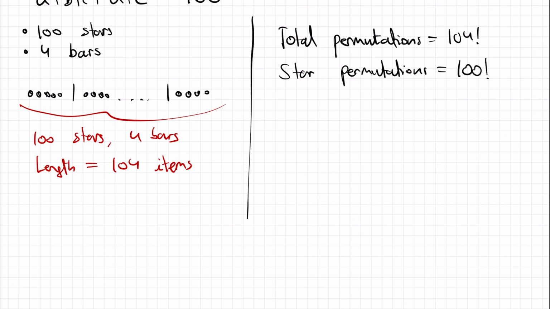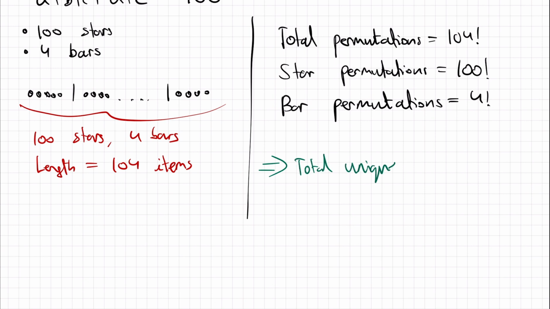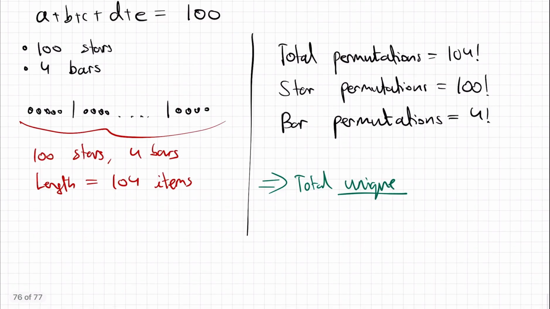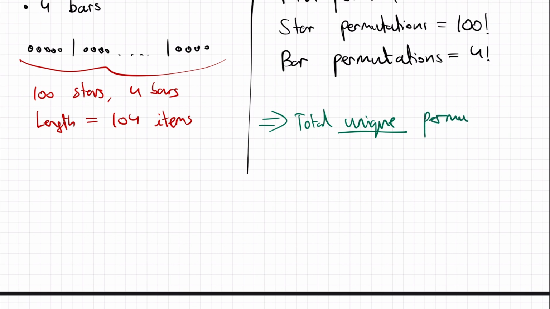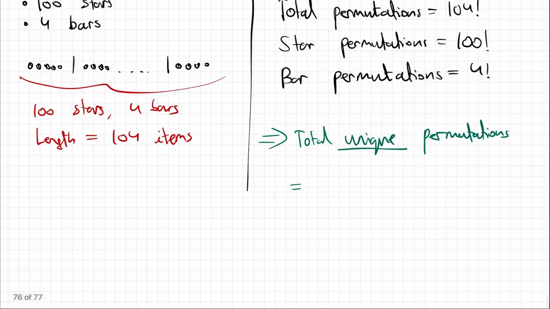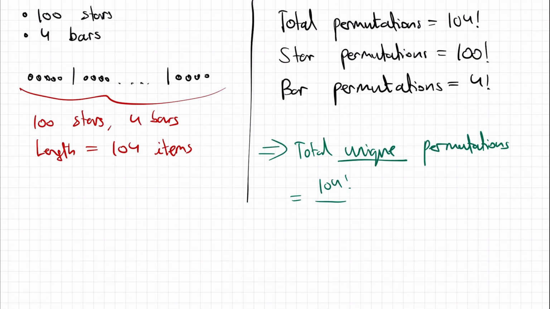And then if we do the bar permutations, I've been saying permutations so many times. The bar permutations is simply just going to be 4 factorial because we're just taking the factorial of each of these numbers to find out the permutations, which gives us our solution, which we've been working towards, as the total unique permutations, because remember, each permutation is representing one unique solution. So total unique permutations is equal to 104 factorial over 100 factorial times 4 factorial.